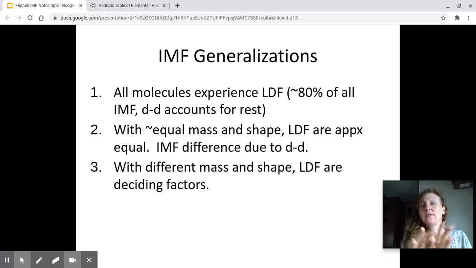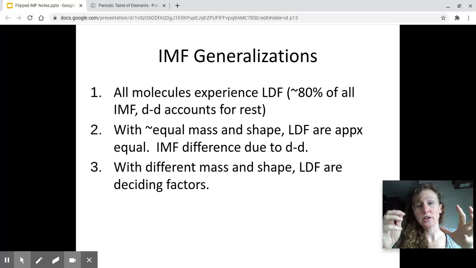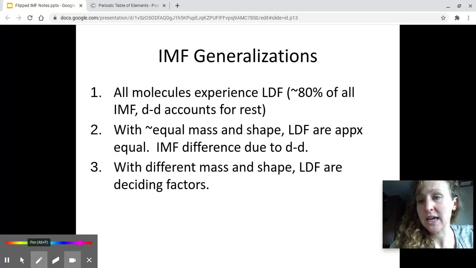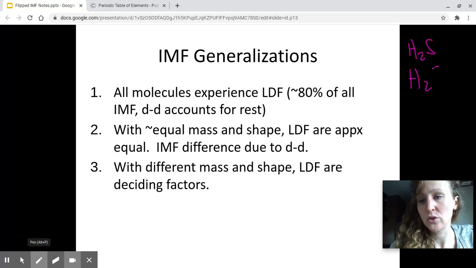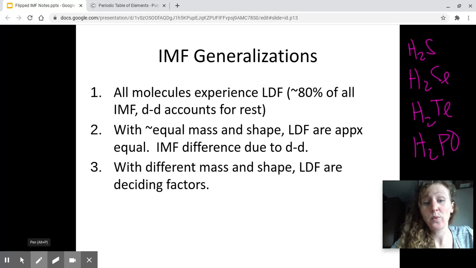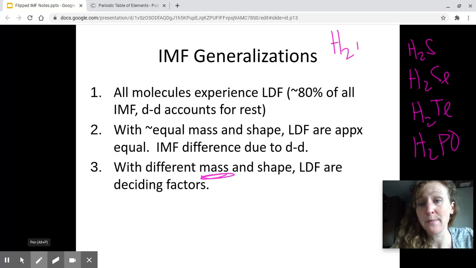Similarly, if you have similar structures, similar compounds, like the family that we looked at, H2S, H2Se, H2Te, I think H2Po, if you have similar molecules and the mass is different, all of these are H2 something.